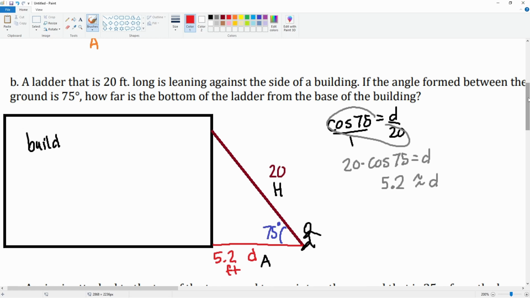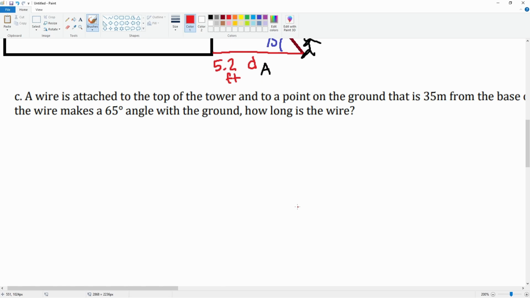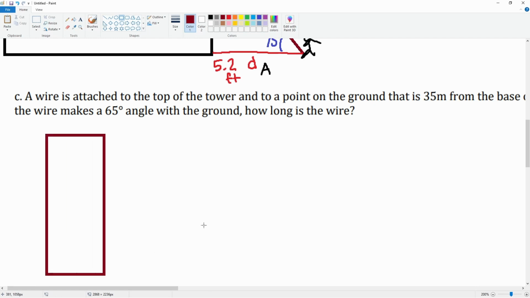Okay, that makes sense. Lastly, here it says a wire is on top of a tower. So let's just draw this tower here. Here is the tower. And then there is a wire attached to it. Here's the wire.